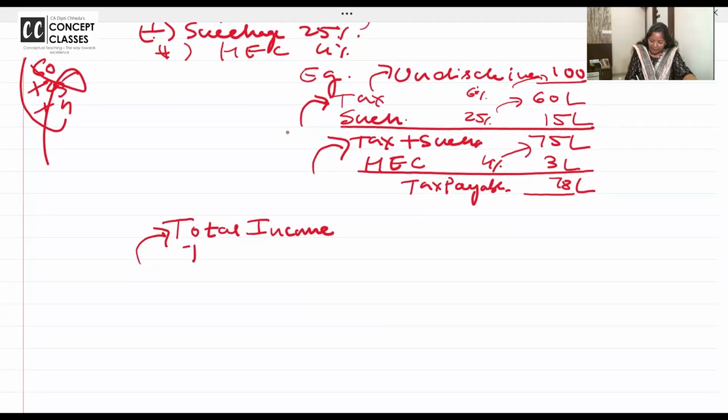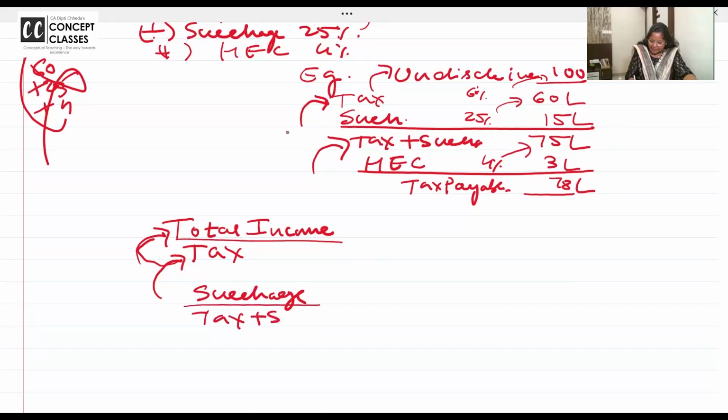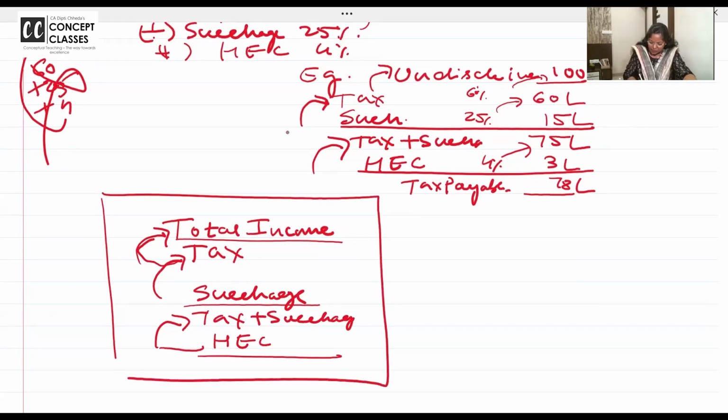So on total income, what are you calculating? Tax. Tax is calculated on total income. And on tax, what will you calculate? Surcharge. And on tax plus surcharge, what will you calculate? Health and education cess. This format you should know by heart.